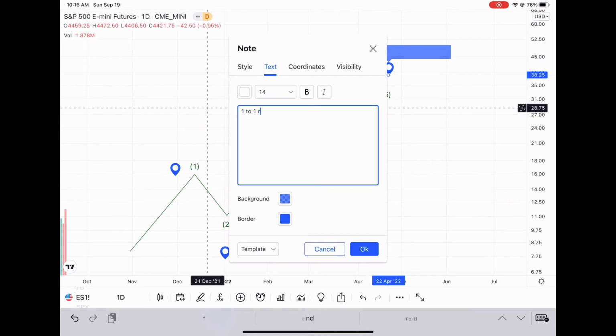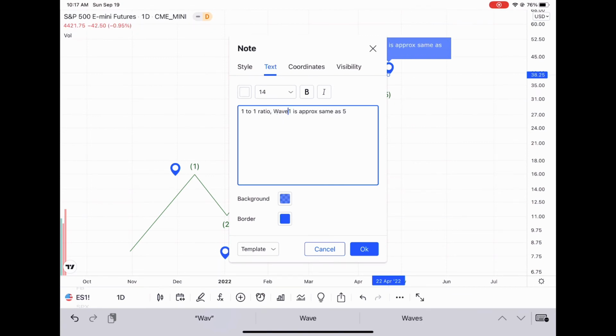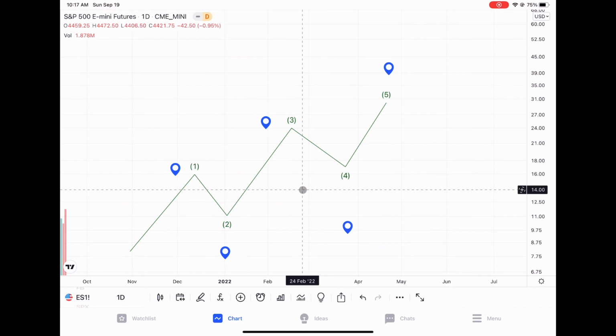It's a 1-to-1 ratio from wave 1. Let's see, wave 1 is approximately the same as wave 5. Yeah, there you go, that makes sense.